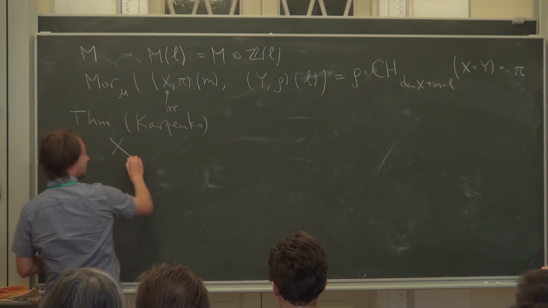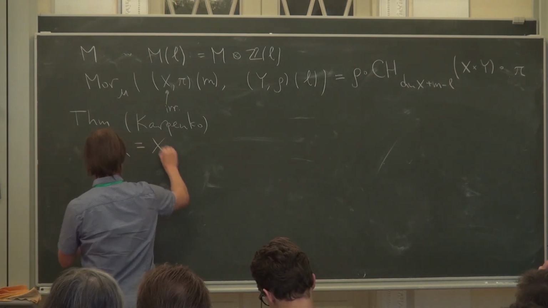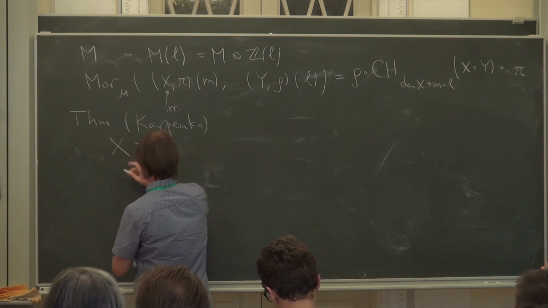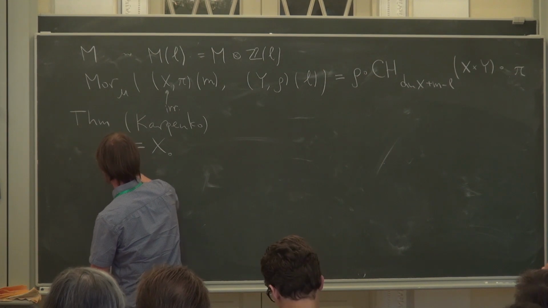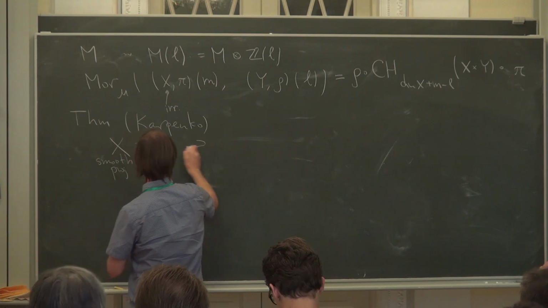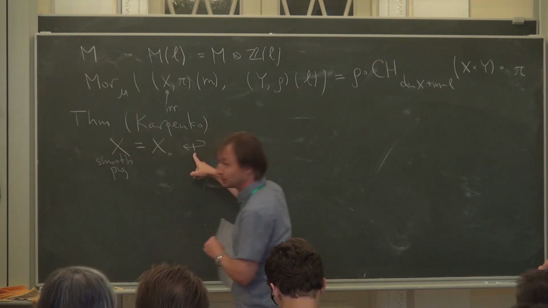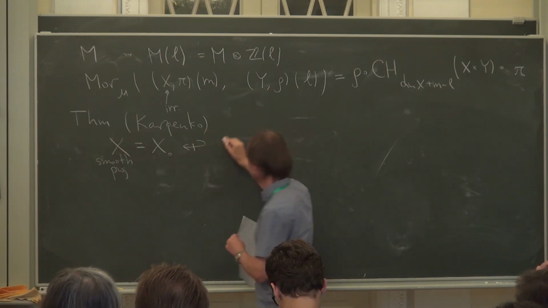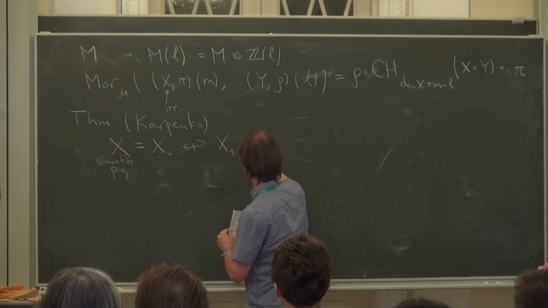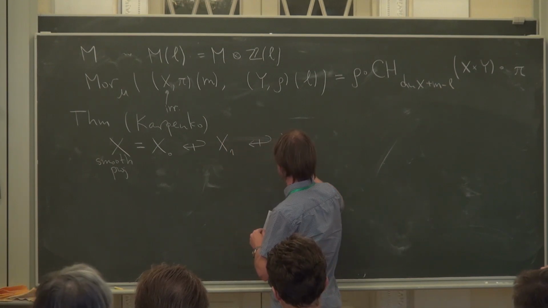We have a variety X, say X0, which is smooth projective. Then assume we have a closed subvariety X1, then we have a closed subvariety X2 inside of X1.